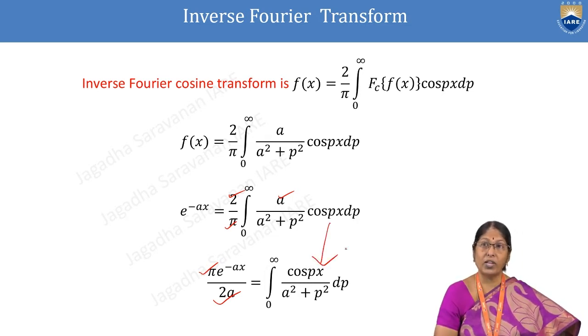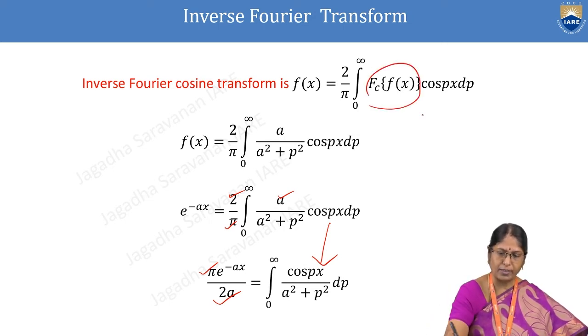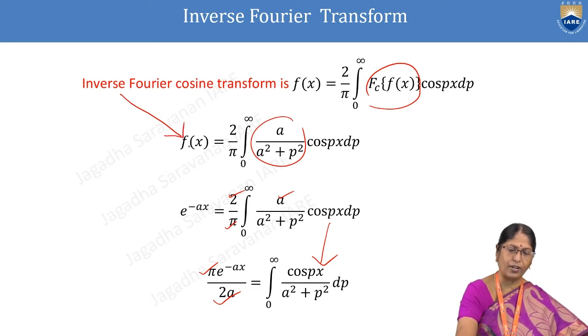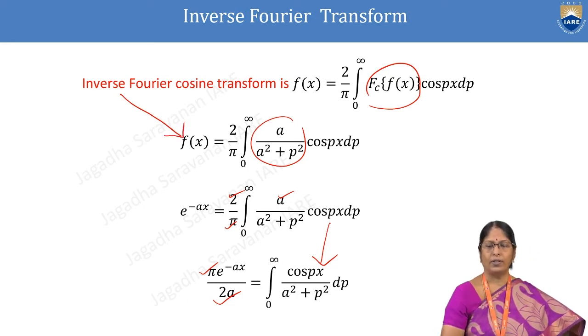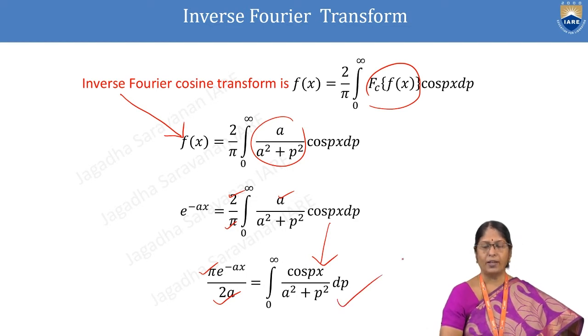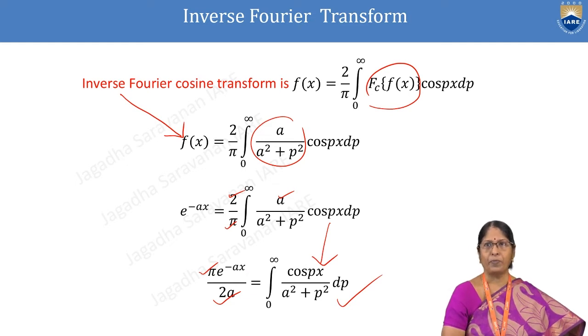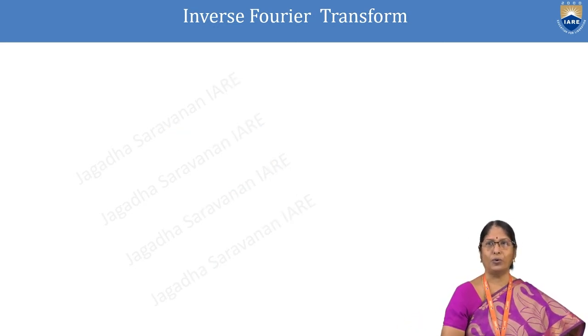So the Fourier cosine transform we did first, we substituted that result in this place. And the inverse Fourier cosine formula means the function f of x will come out. The final result we got is pi into e power minus ax by 2a. Completely, the Fourier cosine transform and inverse Fourier cosine transform we completed. But in the question, the Fourier sine transform is also asked.